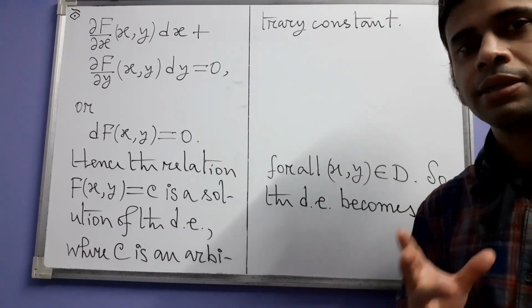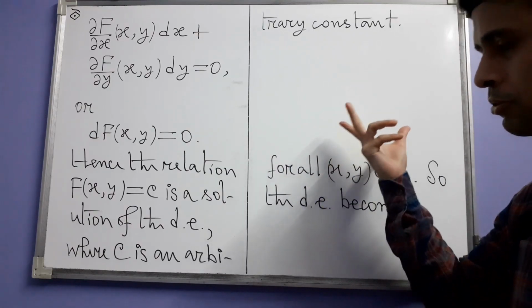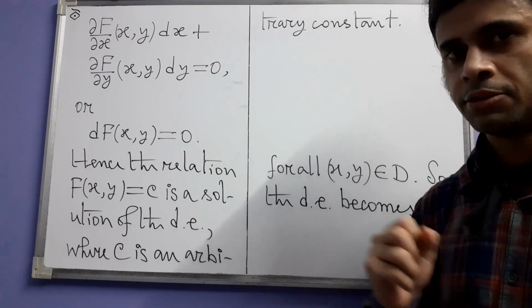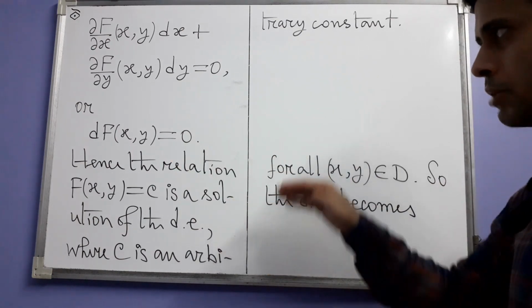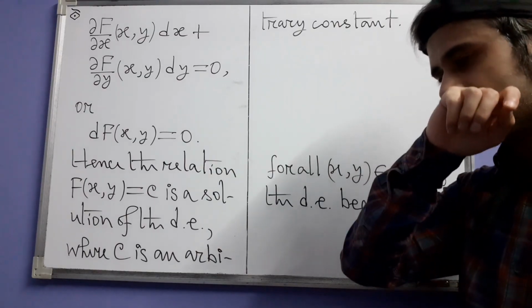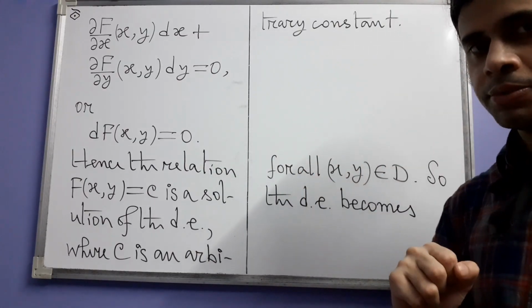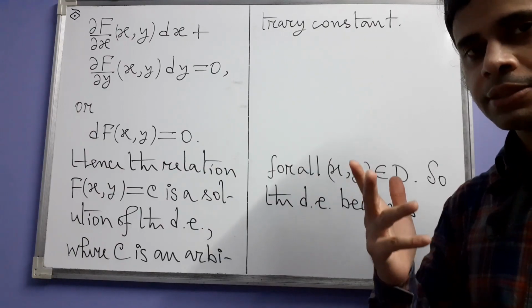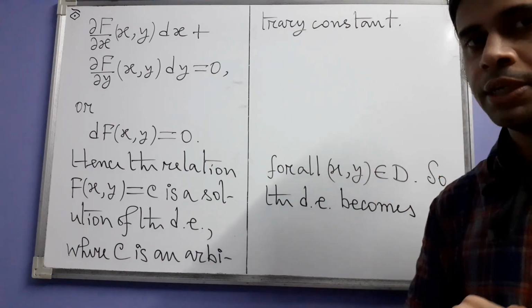It sounds extremely scary at first, but when you have a concrete exact equation, not a general one, not m dx plus n dy where m and n are general, then finding f, the way we did the proof, really becomes extremely easy and intuitive. That is one way of doing it.